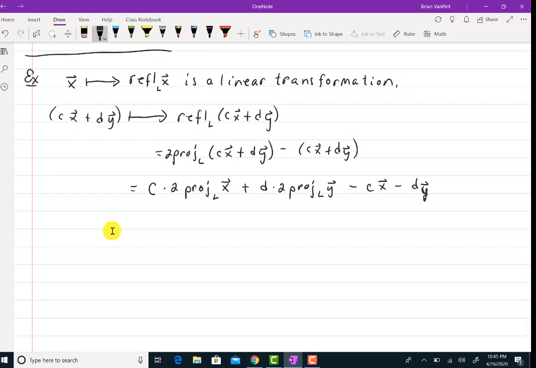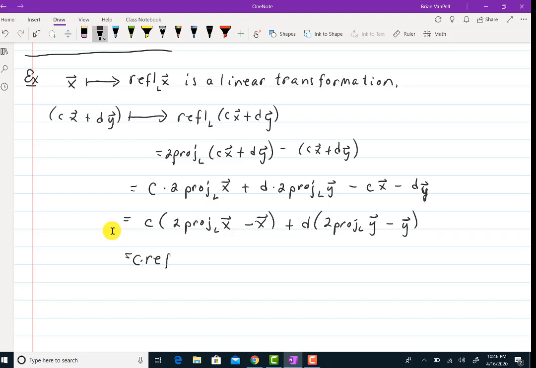And then what I can do is bring a c and have 2 projection L of x minus x plus d times 2 projection L of y minus y, and that equals c times REFL onto L of x plus d REFL onto L of y. And that's what we needed to show.